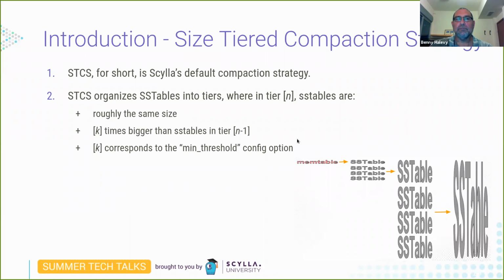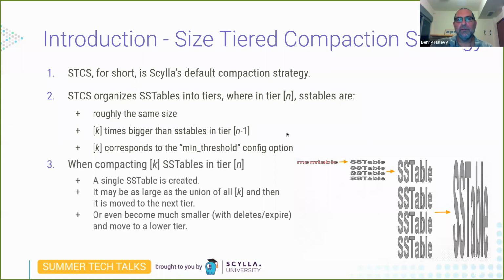This parameter k corresponds to the min threshold configuration option. For example, when we compact k SSTables in tier n, a single SSTable is created.